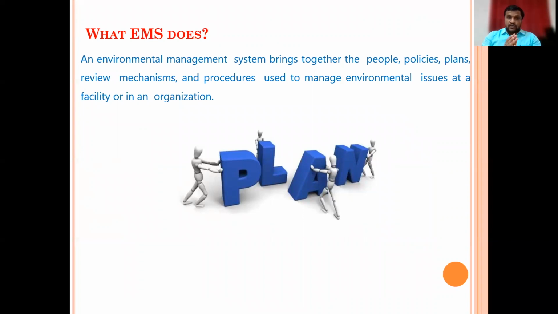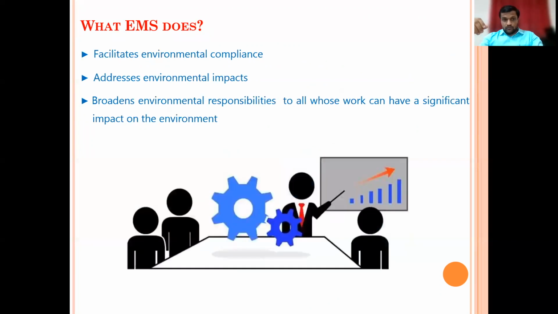It helps to bring together different people, different organizations, different planning and policies and review mechanisms to manage any kind of environmental issue at any organizational level at different observational scale. Okay, so moving to the next slide, it also helps us to facilitate the environmental compliance.